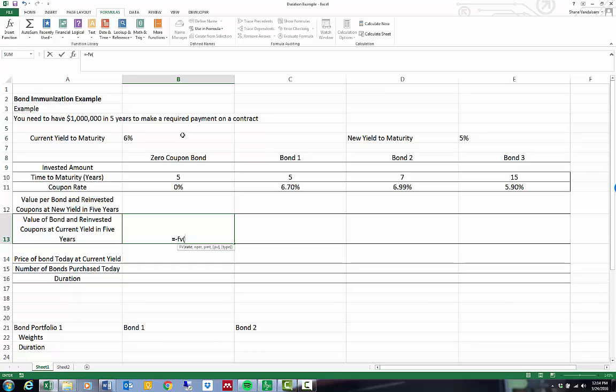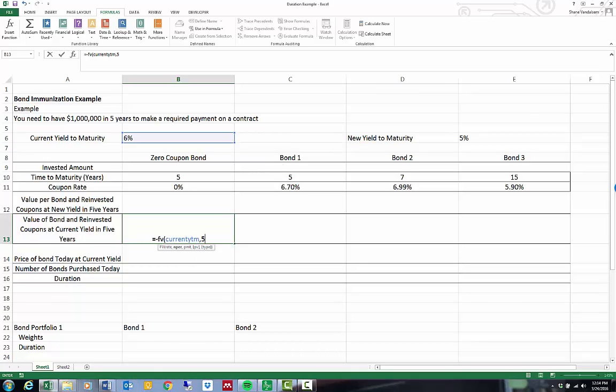So the rate is going to be the current yield to maturity, then comma, the number of periods is going to be 5, because in each case we're looking at the value in 5 years. Now for the zero coupon bond, it wouldn't matter. We could put in 5. For bond 1 we could put in 5, but then for bond 2 and bond 3 we get the wrong answer if we reference this cell here.